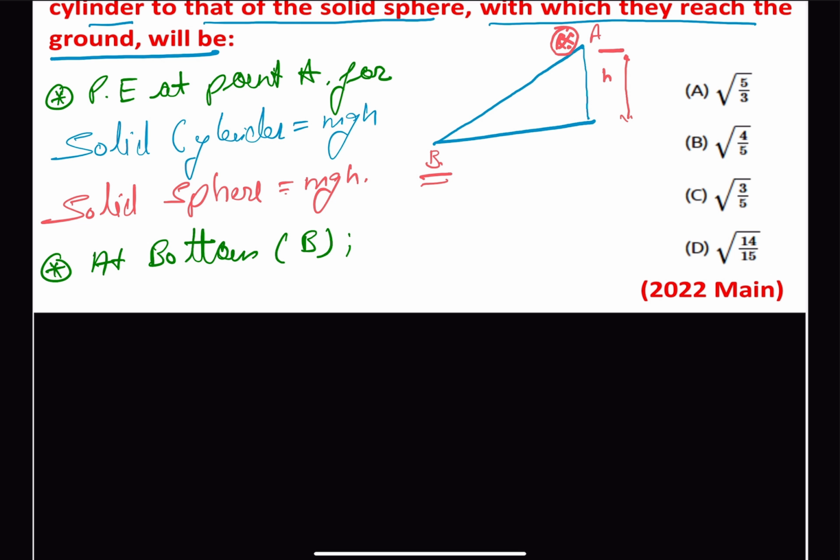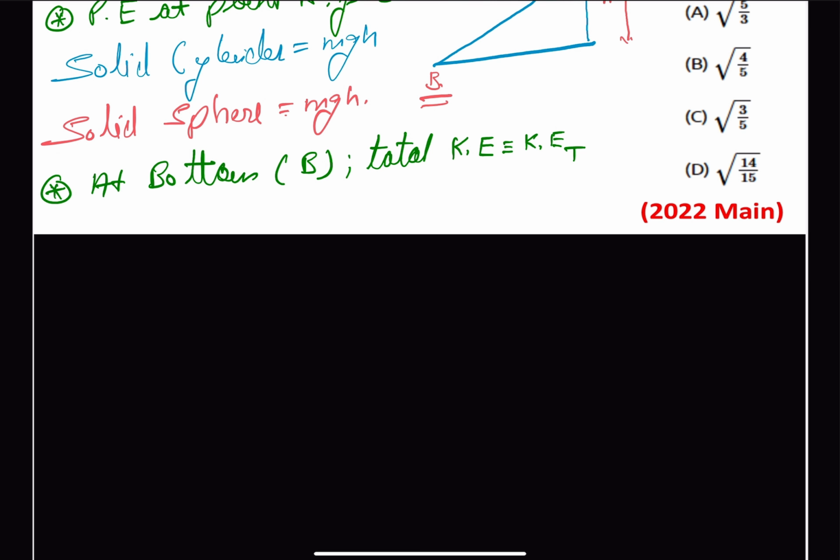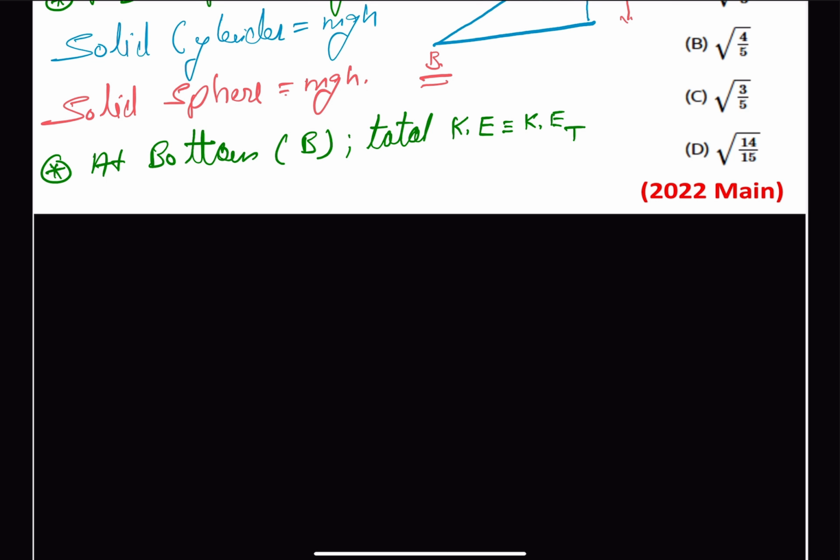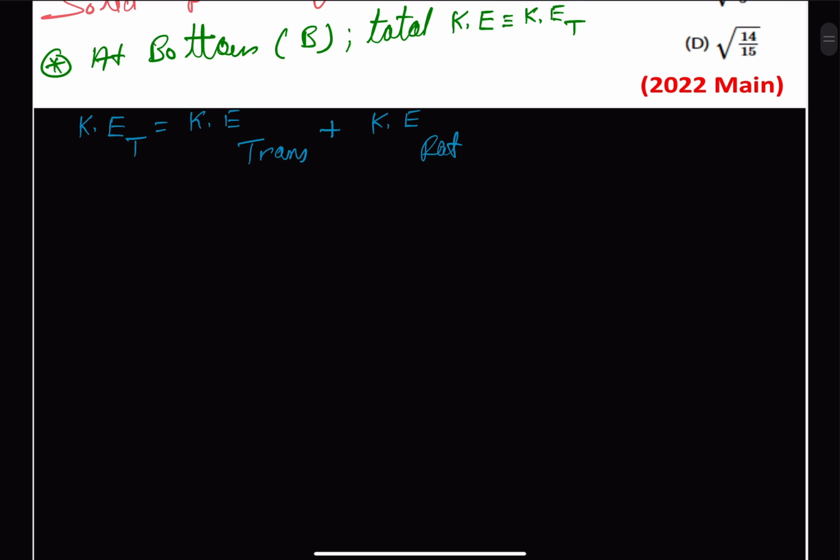total kinetic energy, let us call this KE total, will be equal to kinetic energy translational plus kinetic energy rotational, and we can substitute the respective formulas.